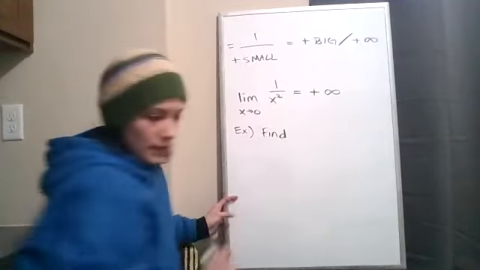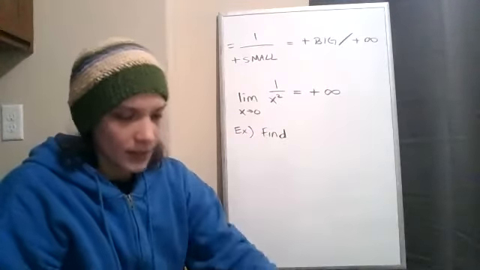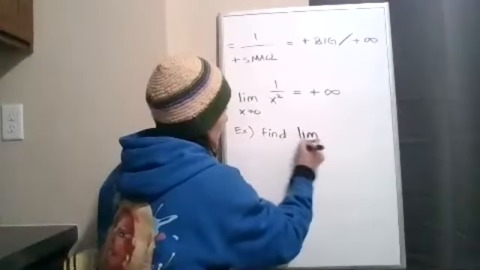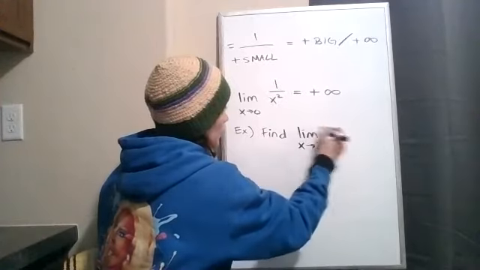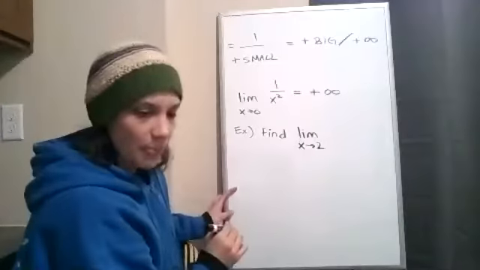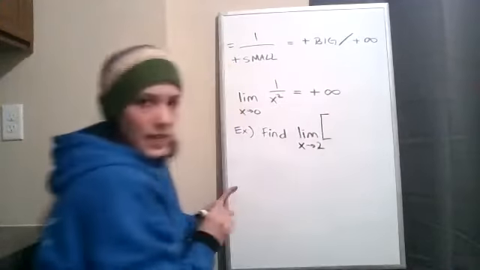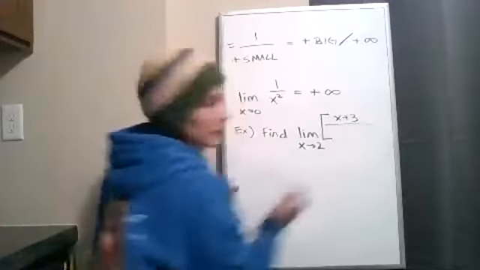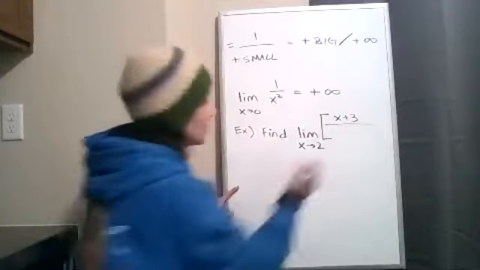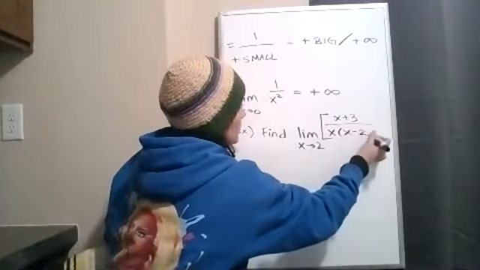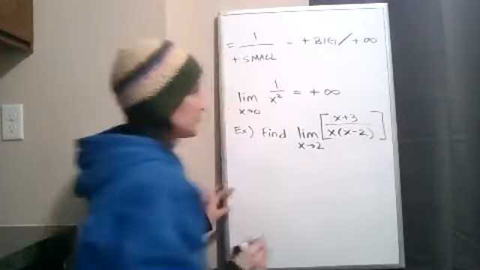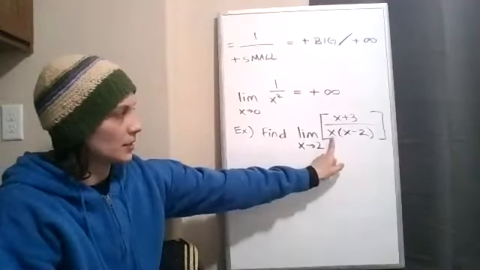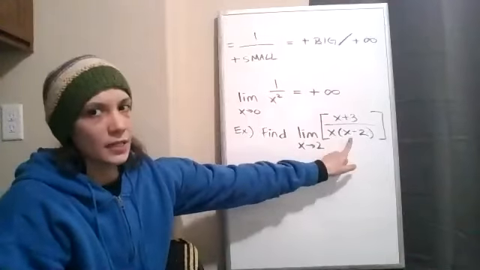Find the limit as x goes to 2 of, let's put this in brackets, in the numerator x plus 3, denominator has x times x minus 2. So we've got a vertical asymptote at x equals 0 and at x equals 2.